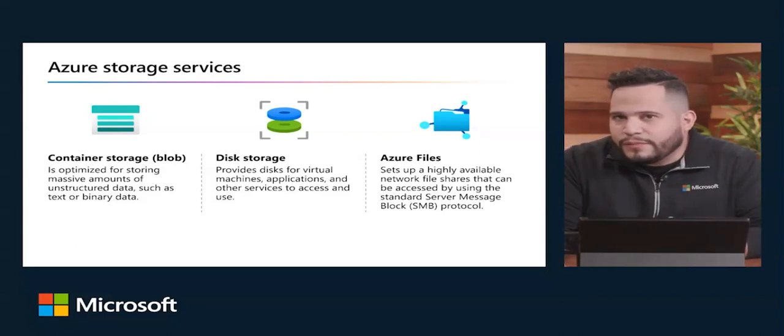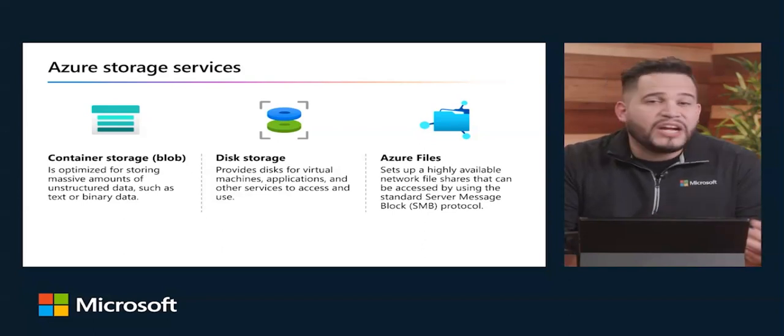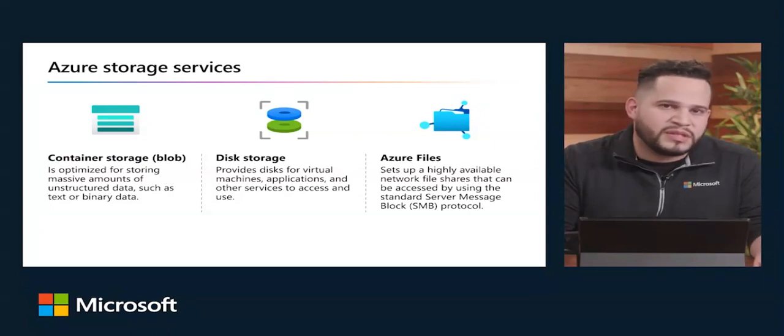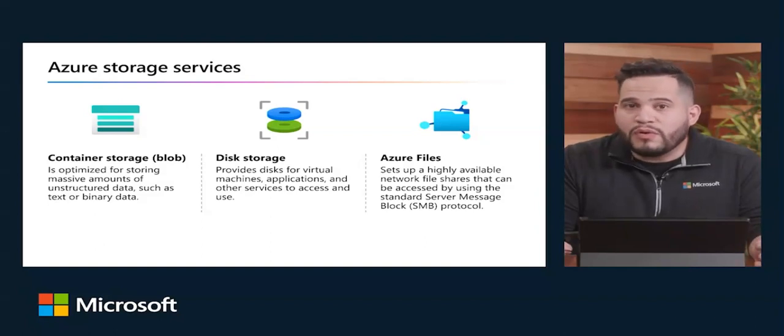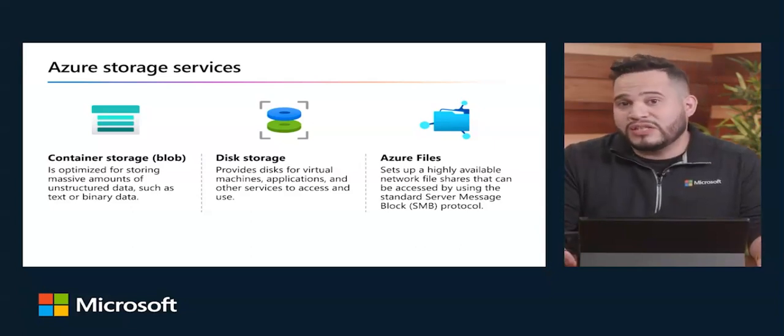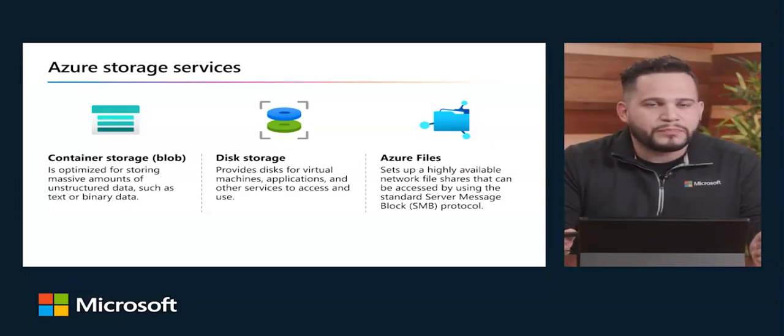And then finally, we have Azure Files. Now, Azure Files is very, very similar to the file share that you would have in your on-premises environment. Azure Files offers fully managed file shares in the cloud that are accessible via the industry standard Server Message Block protocol, SMB, or Network File System protocol, NFS.